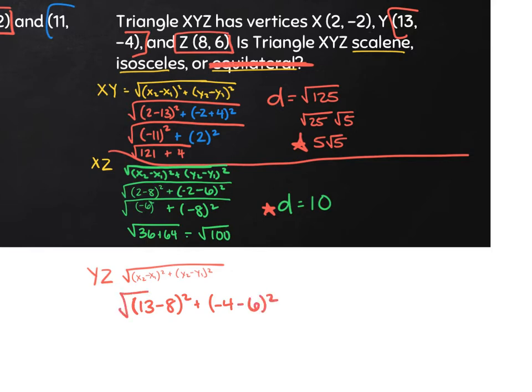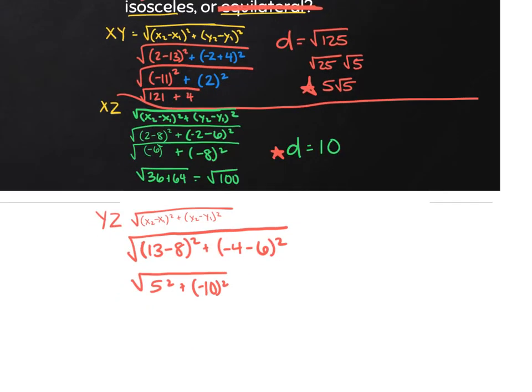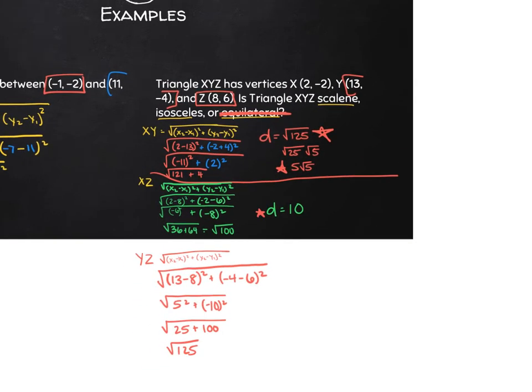I need to square both, add them, and take the square root. 13 minus 8 is 5 squared. Negative 4 minus 6 is negative 10, and I need to square that. So I'll get 25 plus 100, or the square root of 125, which is what we got up here. So because I have two distances the same, I know this triangle is isosceles.